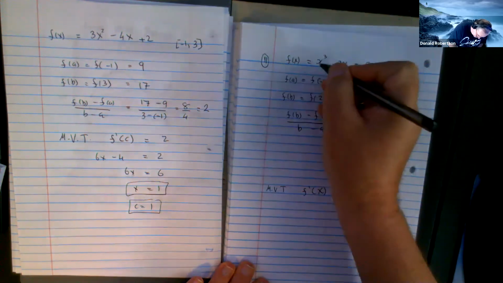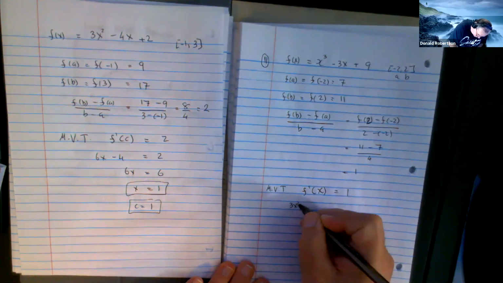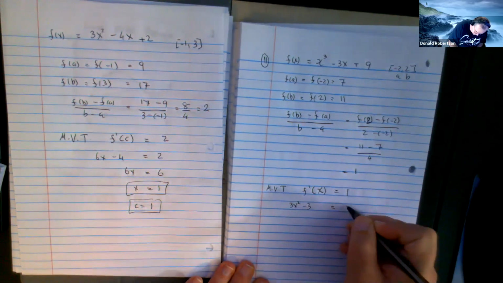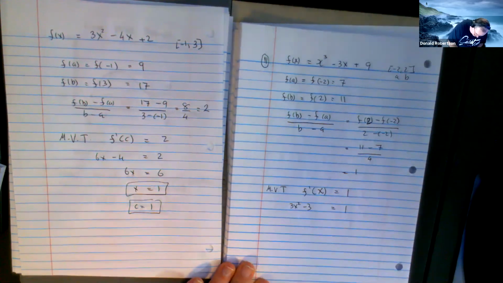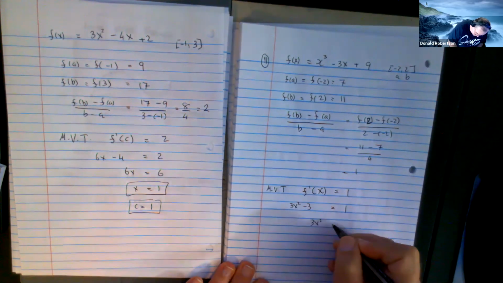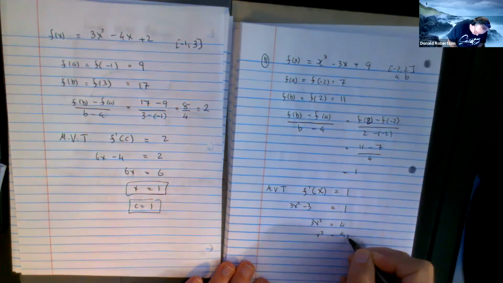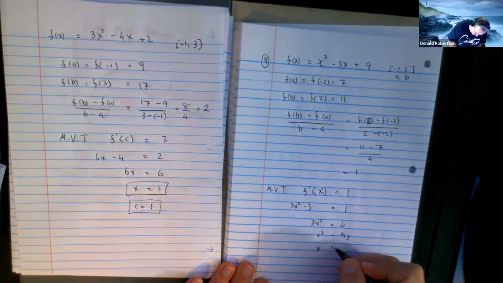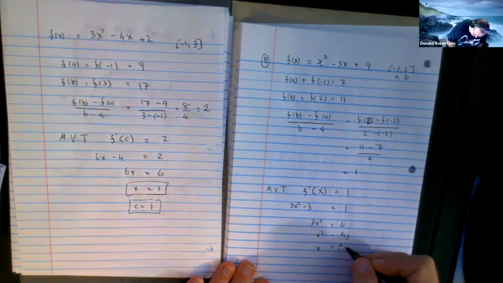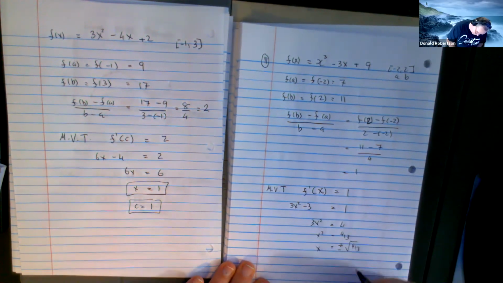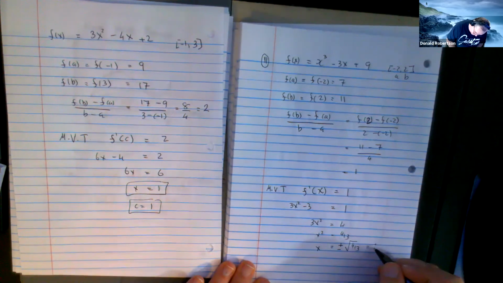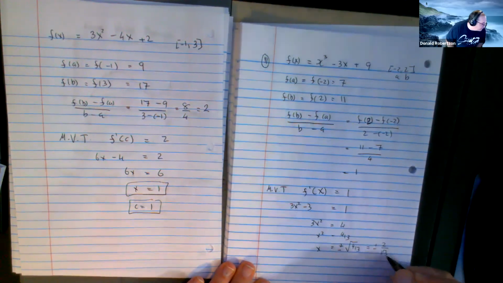And the derivative is 3x squared take away 3. When I solve for it, technically I get plus or minus the square root of 4/3. That gets me 2 over root 3.